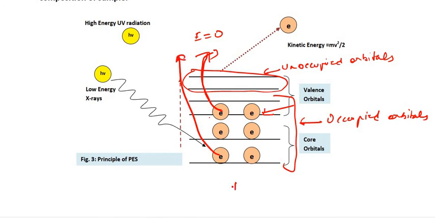As inner orbitals are closer to the nucleus, there exists more attraction, so it is hard to remove electrons from inner orbitals, and that is why higher energy radiations, that is X-ray radiations, are used to remove inner electrons. Similarly, the outer or valence electrons require lesser energy, so UV radiations are used to remove electrons from valence orbitals.